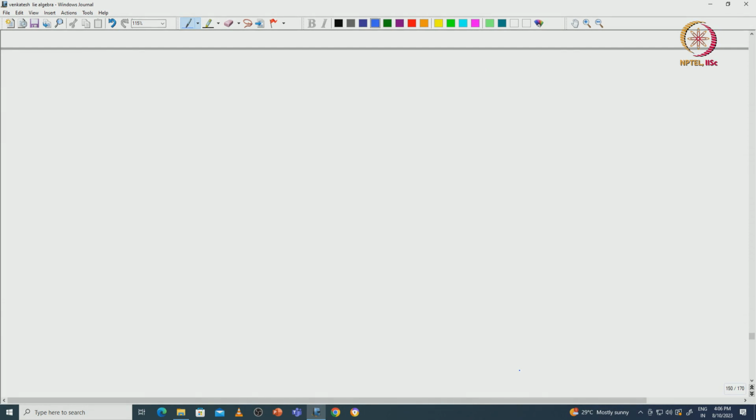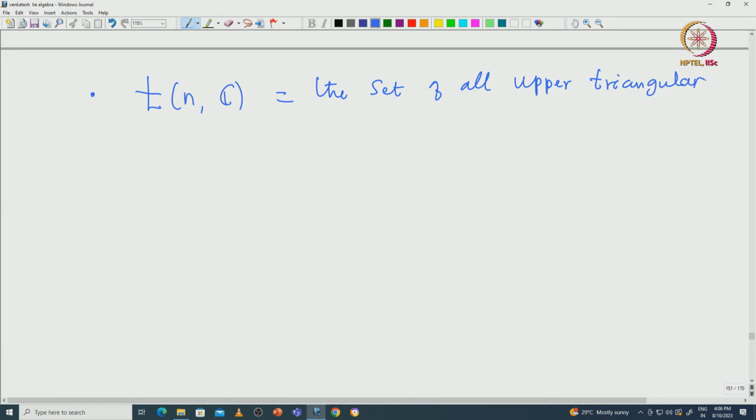We can also see one more example, which is again a very important class of solvable Lie algebras. Let us look at that example also. You take the set of all upper triangular matrices.